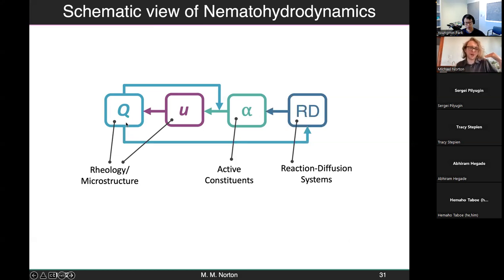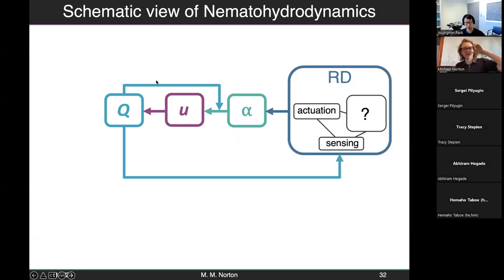it. But a problem that I'm interested in, and this is very much inspired by biology, is to think about how our structure, can we think of a reaction diffusion system that takes as input some aspect of the structure of the material, right? So we have our orientation field. Can that orientation field influence directly a reaction diffusion process?